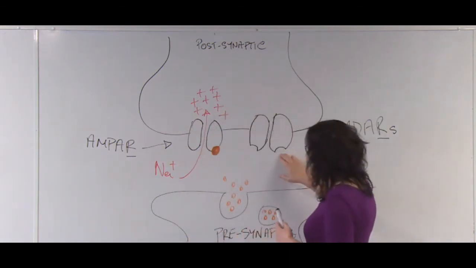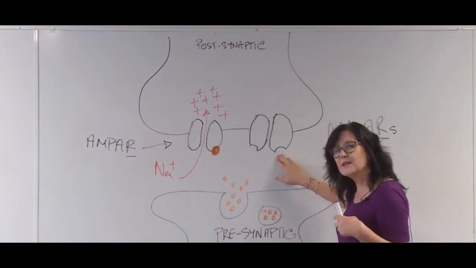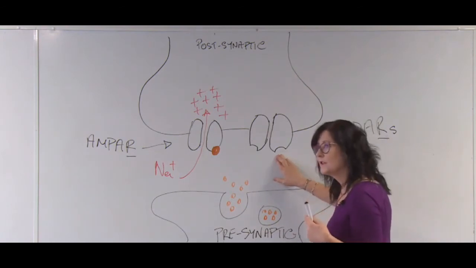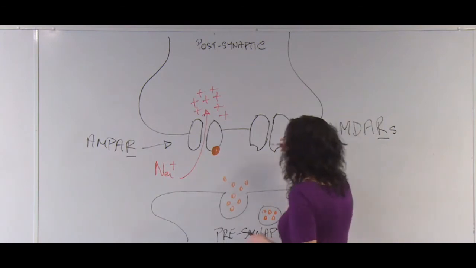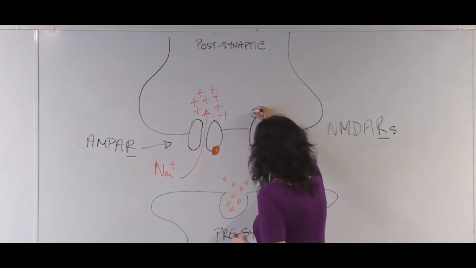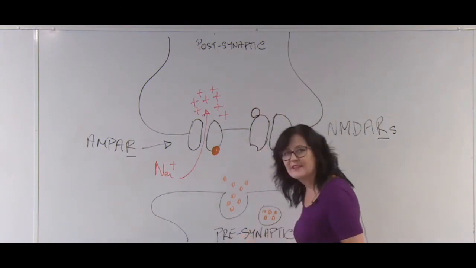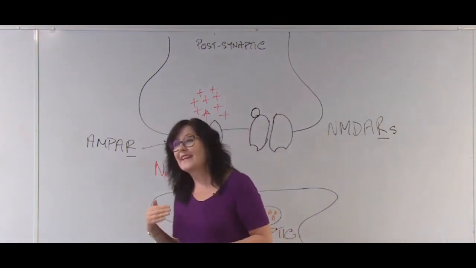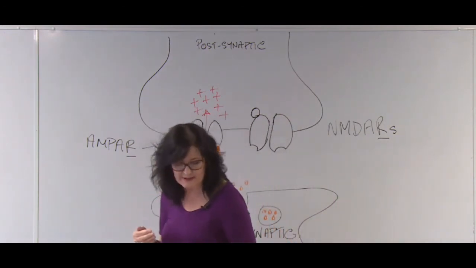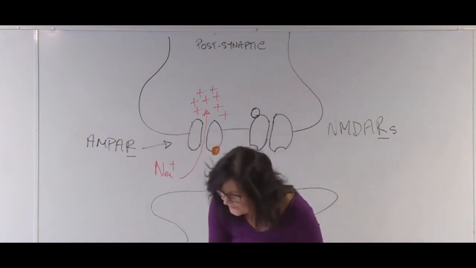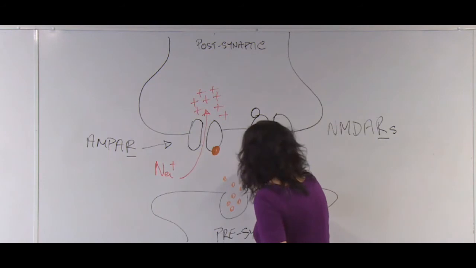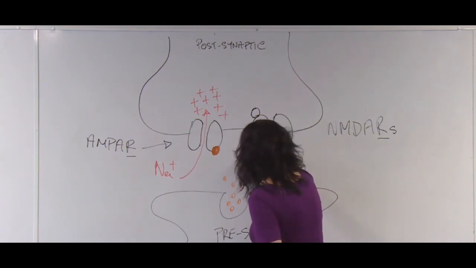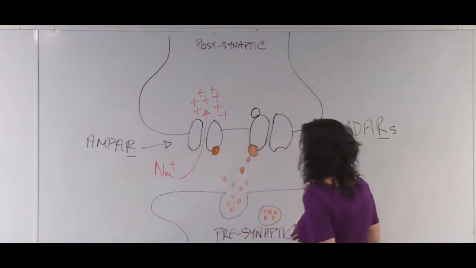Not only do they have binding sites for two different chemicals, so they're chemically gated, they also have a voltage sensor on the inside. So not only are they chemically gated, they're also voltage gated. Now, what they actually need, so glutamate, we'll start with glutamate. Glutamate comes along, glutamate binds in the same way as it does to the AMPAs.